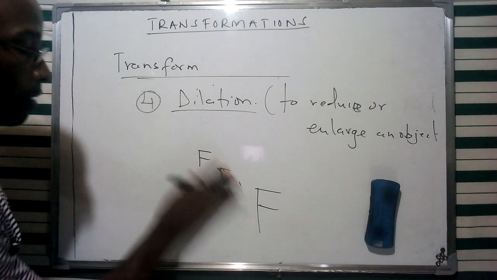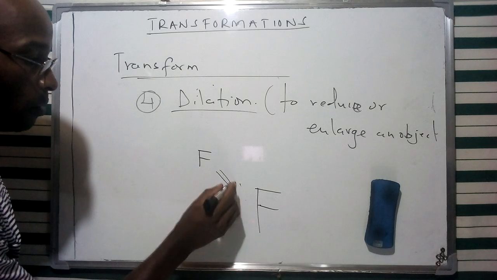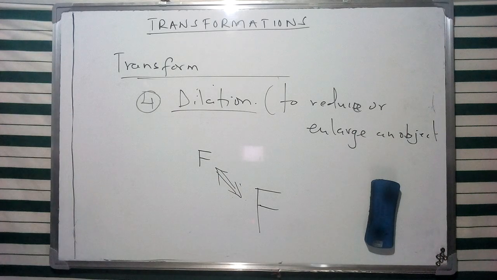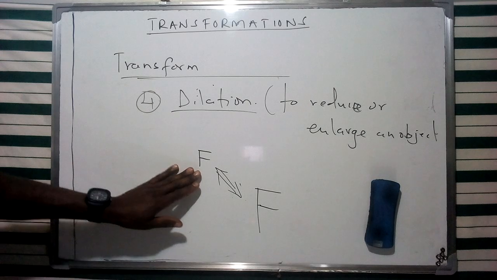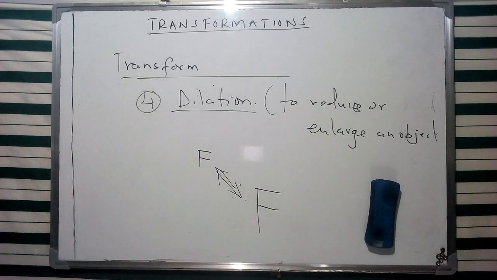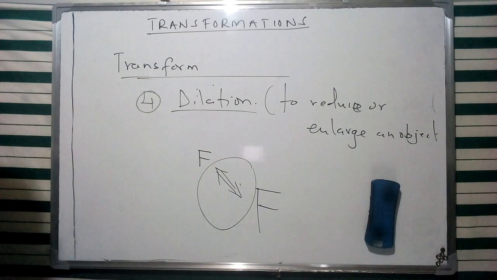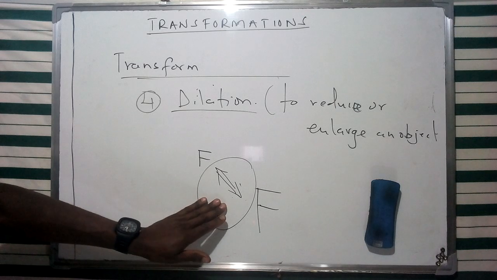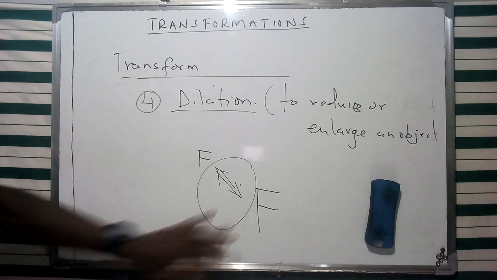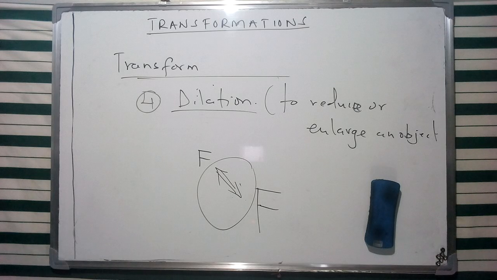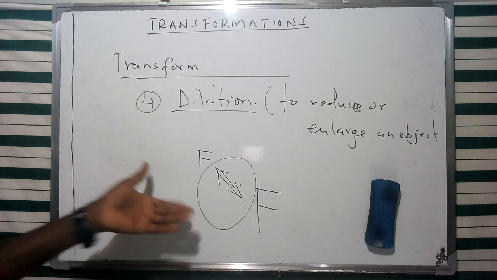This double arrow implies that the object has either been enlarged or reduced, whereby we can see a smaller and a larger object. The process done between this specific object and the image is referred to as enlargement or reduction, and that entails the concept of dilation.